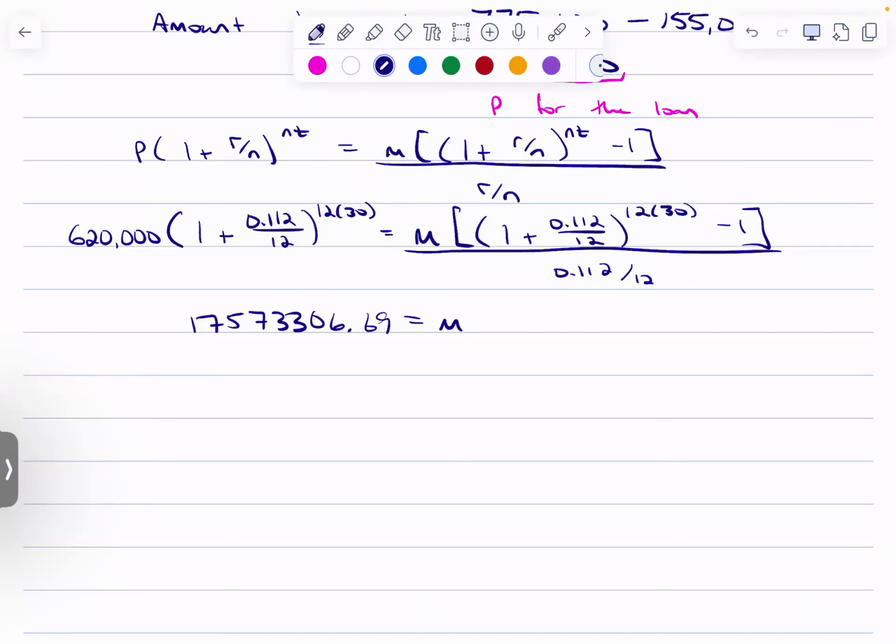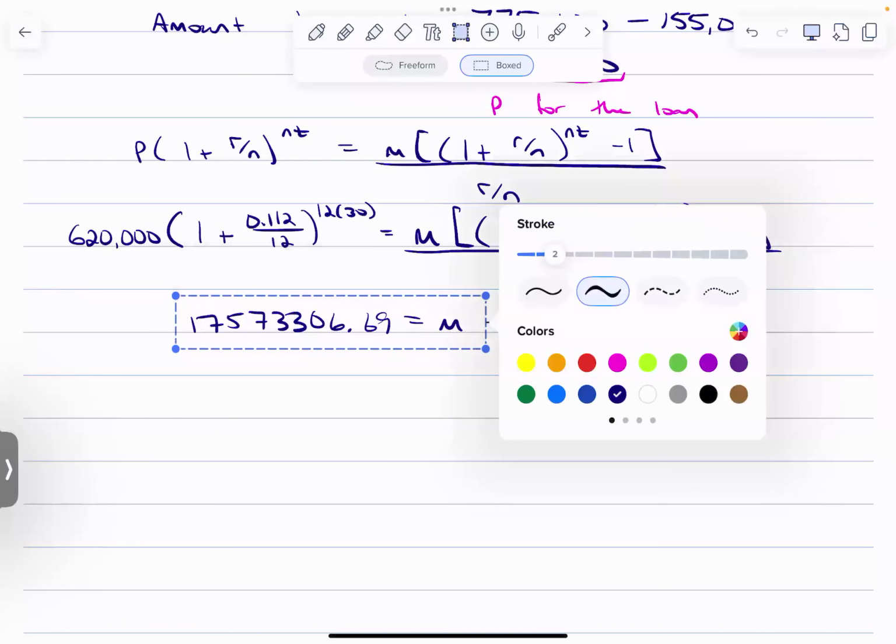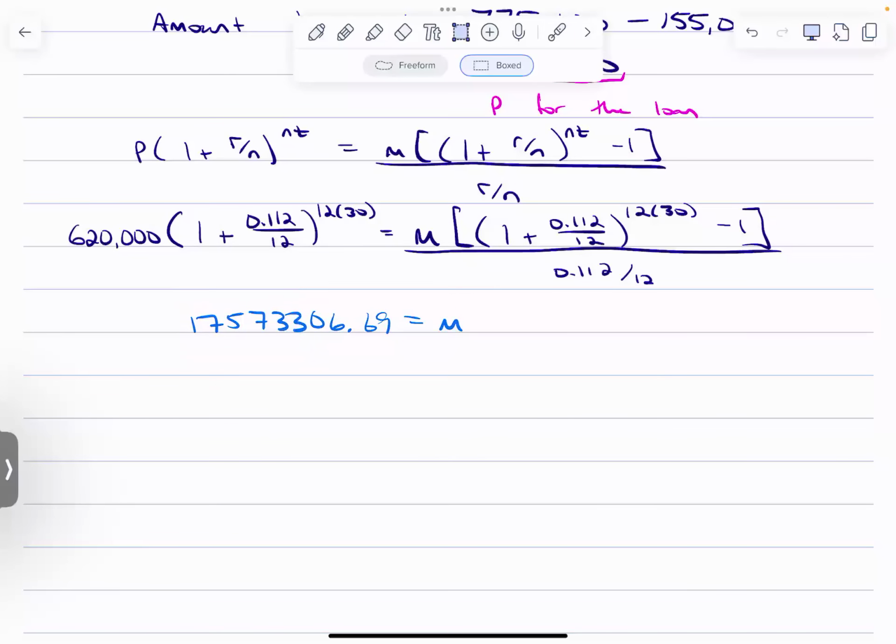M times, let's see here. Recall A minus 1 divided by 0.112 divided by 12.